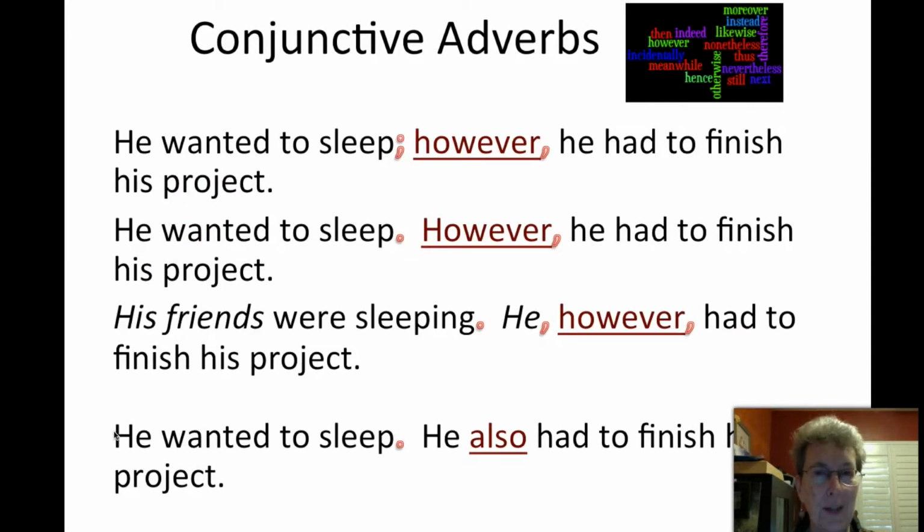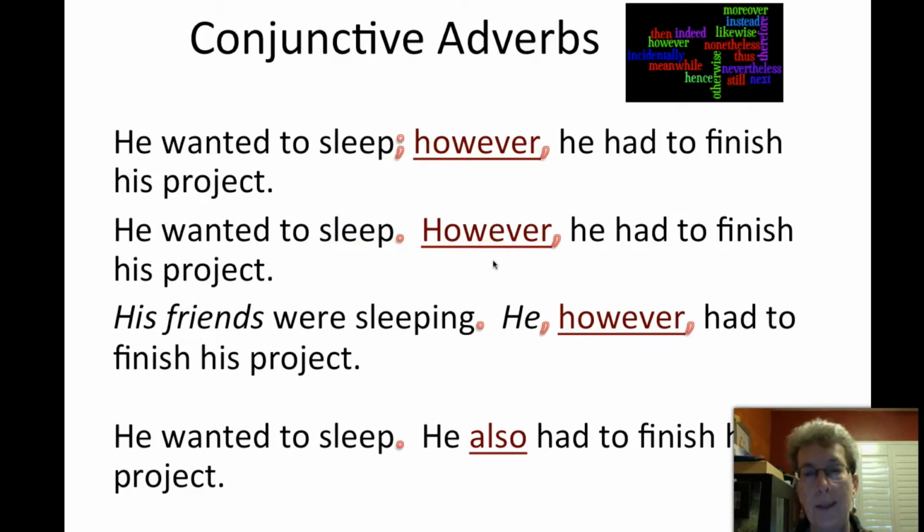Now with conjunctive adverbs, this is where we have the most complicated punctuation. This is the most common one. He wanted to sleep, semicolon, however, or any other conjunctive adverb, comma, he had to finish his project. You don't have to have a semicolon though. You can split it up into two sentences. And here you have two simple sentences. He wanted to sleep.